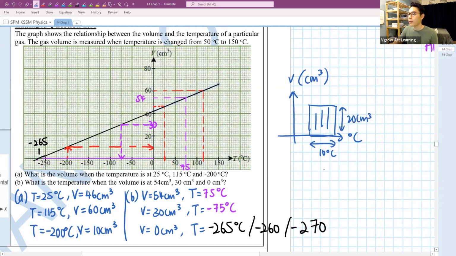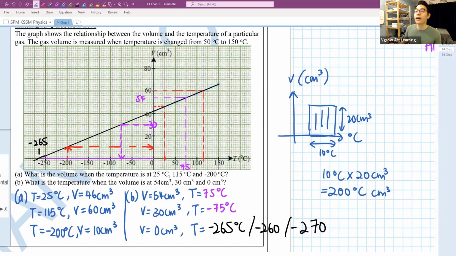The area under the graph would be 10 degrees Celsius times 20 cm cube. So the unit will be 200 degrees Celsius cm cube.